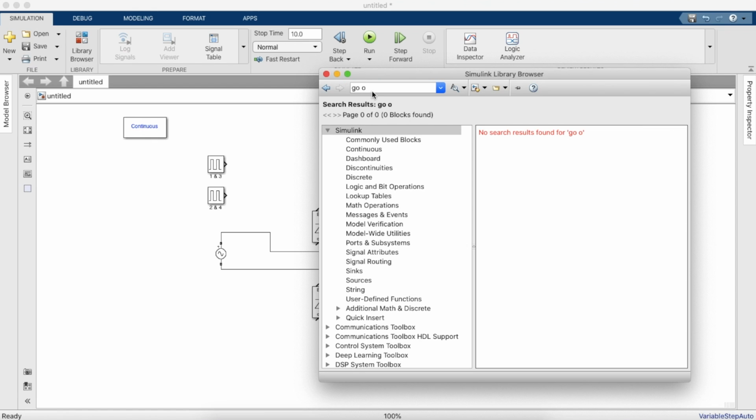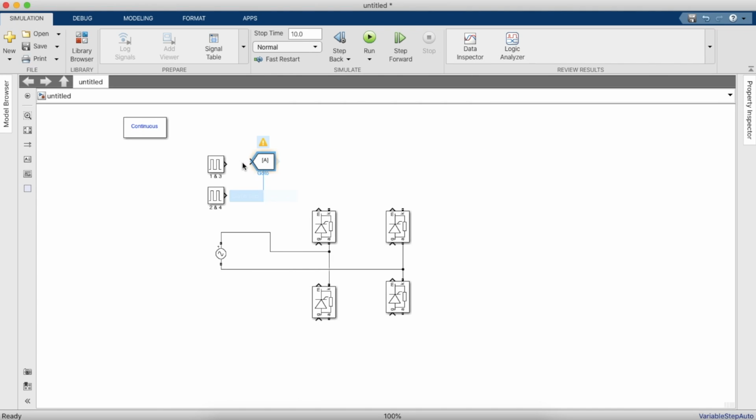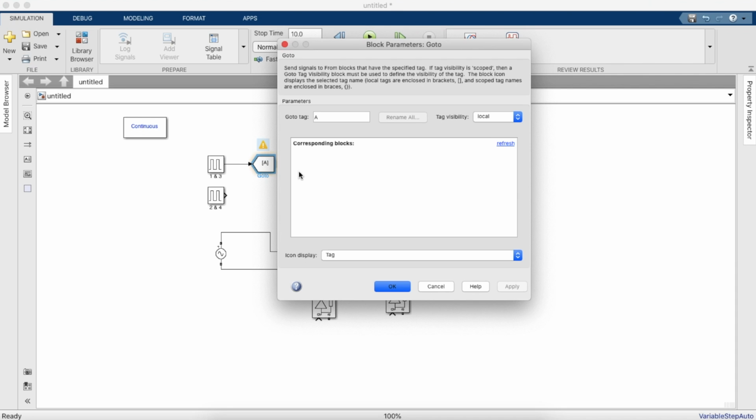Now we'll need a go-to block just to make the simulation model look neat. Otherwise you'll have too many wires going across each other and it can get messy.